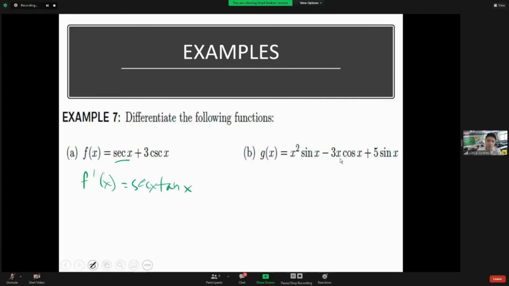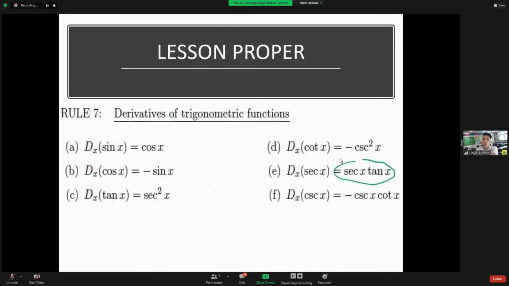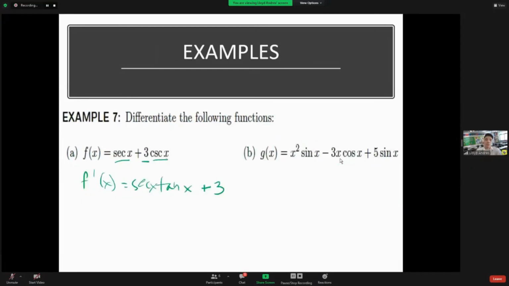plus this 3, a constant, so we just copy it. Then the derivative of cosecant. What is the derivative of cosecant again? Here is cosecant. Its derivative is negative cosecant x cotangent x. So we have negative times negative cosecant x cotangent x.